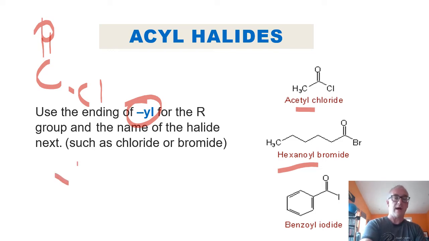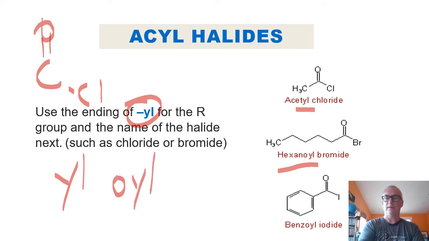So it's either YL or OYL, benzoyl, hexanoyl, whatever the group is that has the carboxylic acid on it, followed by whatever it is, bromine, iodine, chlorine, fluorine, etc.